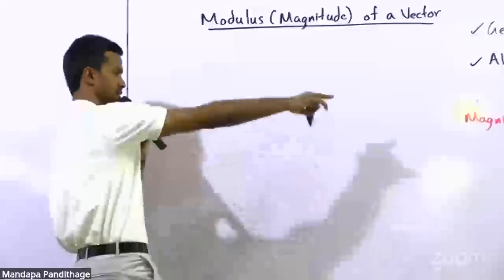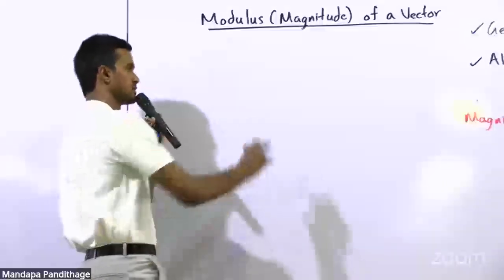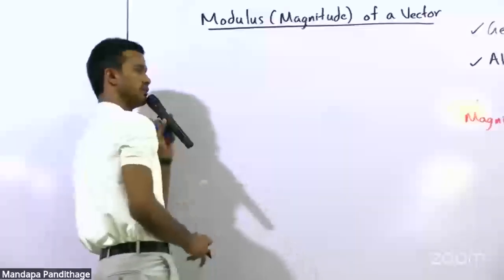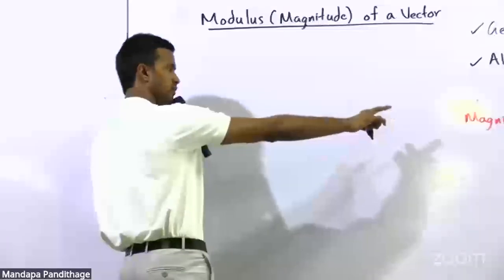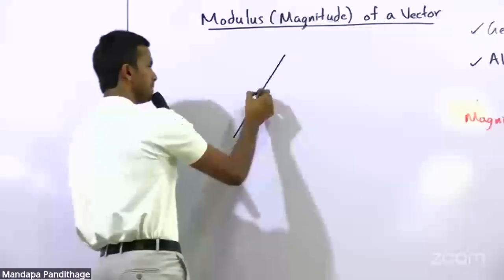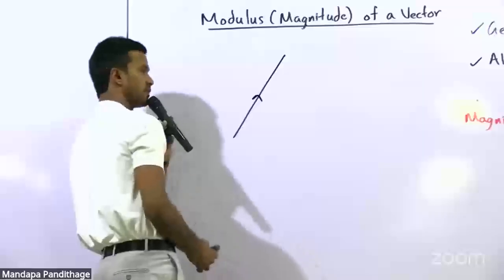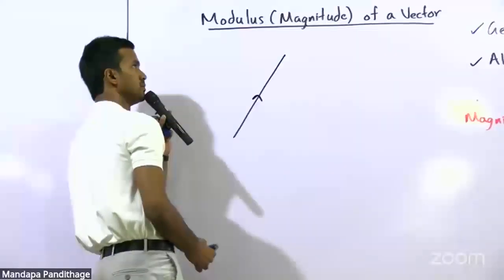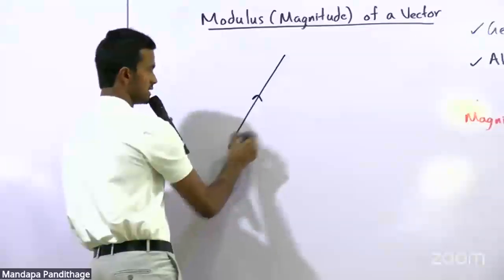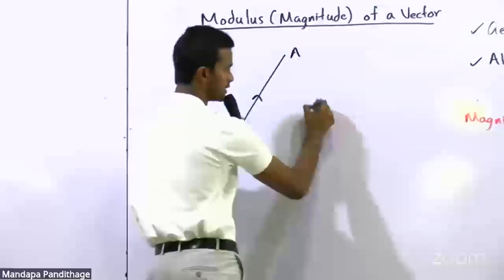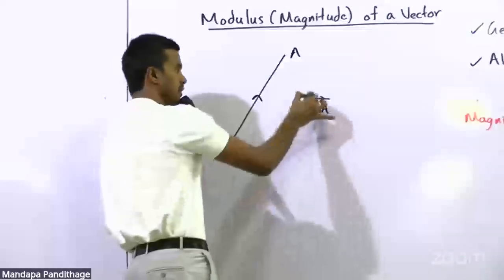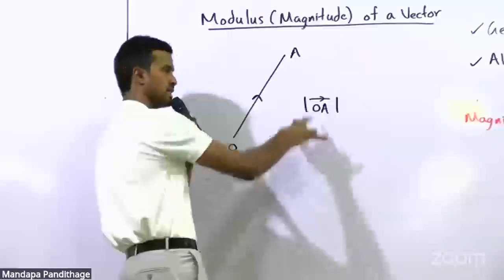So that we discussed here. The modulus means the magnitude of the vector. When you denote a vector in the geometric notation, the length of this line segment gives you the modulus or the magnitude of the vector. It is denoted in this way. Let's say here we have vector OA. The modulus of the vector is given by the same modulus mark.